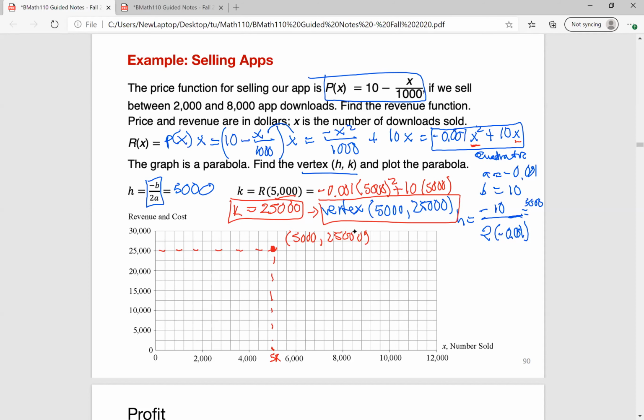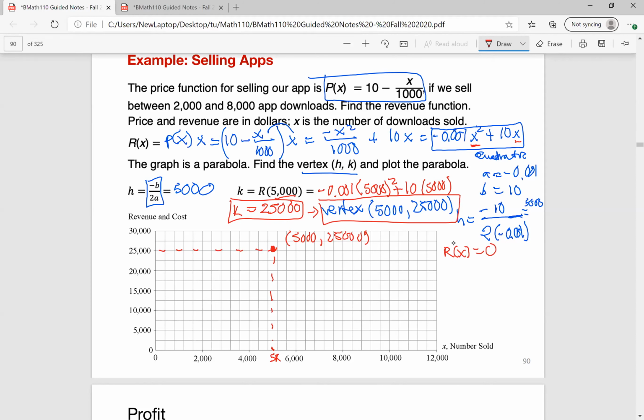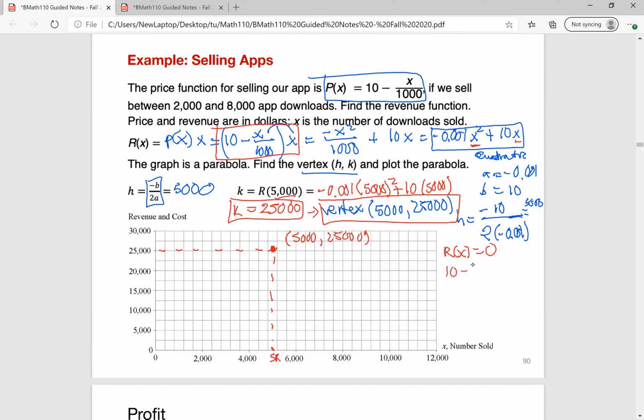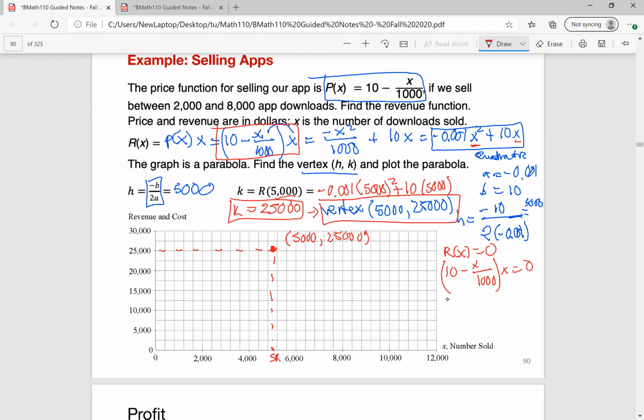And in order to find the x-intercepts, you still have to let the revenue equal 0. So you're going to use the factor form. You have 10 minus x over 1,000 times x equals 0. Then you have 10 minus x over 1,000 equals 0 or x equals 0, in two cases.